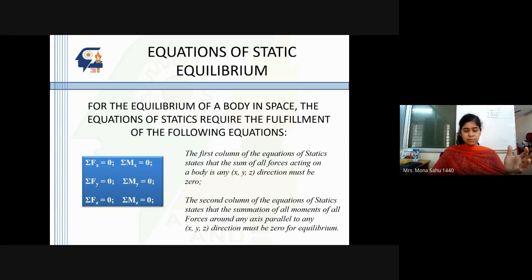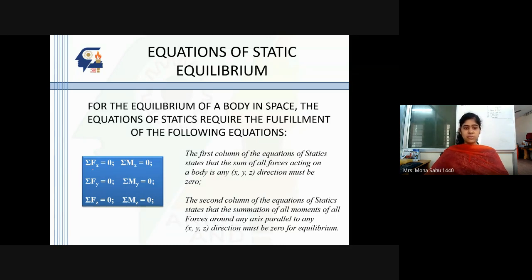Or if a body is moving at a particular velocity, and if you apply force, nothing happens to it. That means the body is at equilibrium. So static equilibrium means the body is stationary. If it is moving, that is dynamic equilibrium. So for static equilibrium, these are the 6 equations which will be equal to 0.